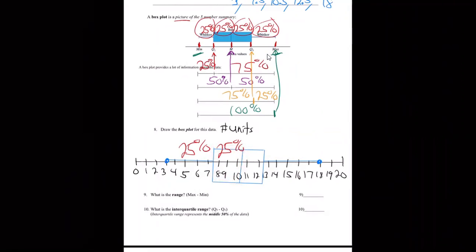That's the first half. Then the third quarter of you are taking between 10.5 and 12.5. And the top 25% of you that are taking the most units are taking between 12.5 and 18 units. That's the top quarter of unit takers among you guys. That's what the box plot does.